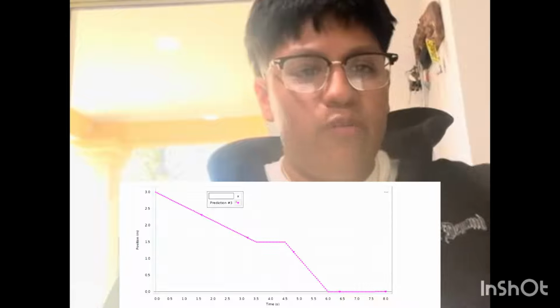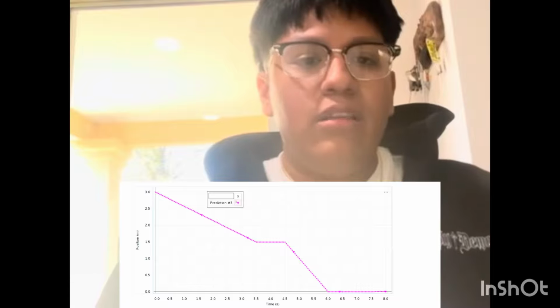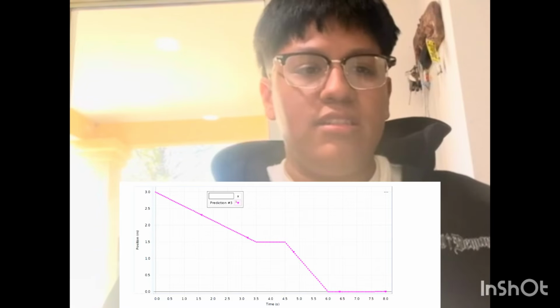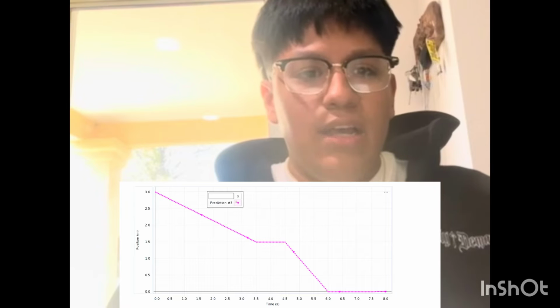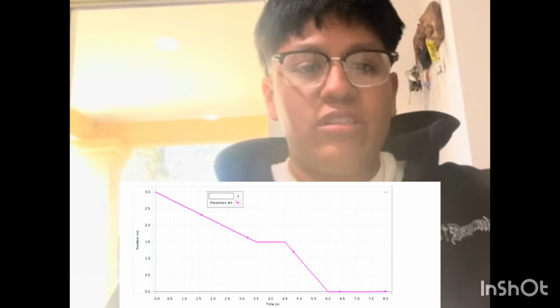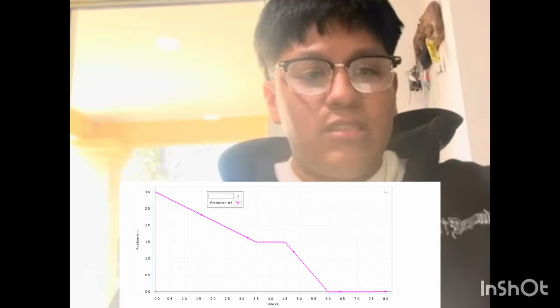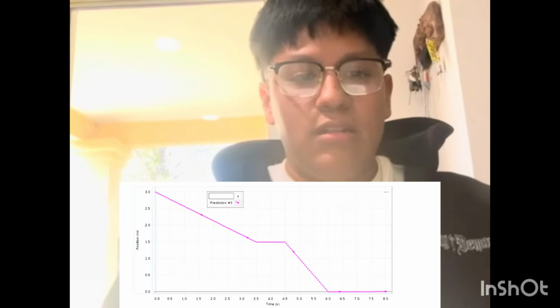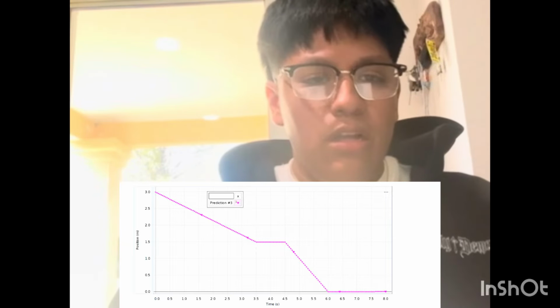From about 4.5 to 6 seconds, the object moves towards the sensor again, but faster, as indicated by the steeper slope. Finally, from 6 to 8 seconds, the object stays nearly at the same position, close to 0 meters, meaning it stopped moving.